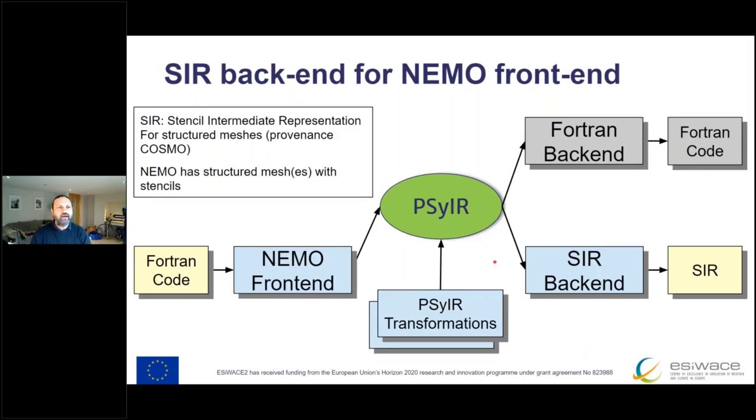SIR stands for the Stencil Intermediate Representation, originally designed for representing structured meshes, and its provenance comes from Cosmo. It's being extended by Météo Suisse and others for unstructured meshes as well, and you'll hear all about that over the next couple of days.